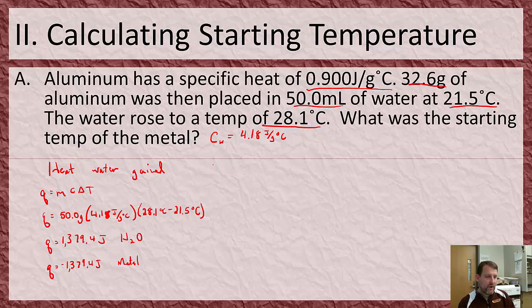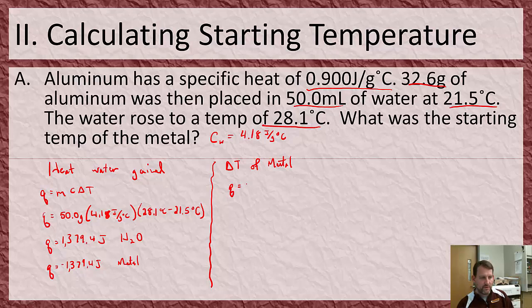All right, so now that I know how much energy the metal lost, I can use that, my specific heat, and the mass to find the change in temperature. So this here is the change in temperature of the metal. To give off this much heat, I'd have to have this change in temperature.